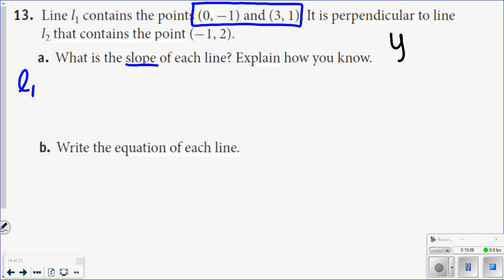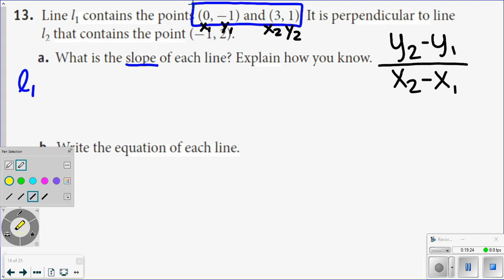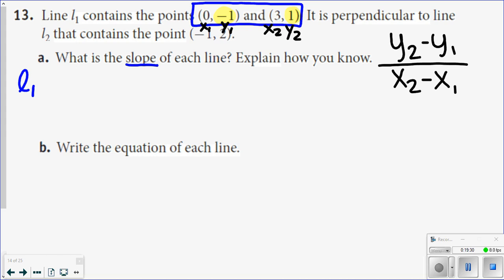It's y2 minus y1 over x2 minus x1. So we could label these points x1, y1, x2, y2. Okay, so if I'm writing it out, it's going to be y2 minus y1.